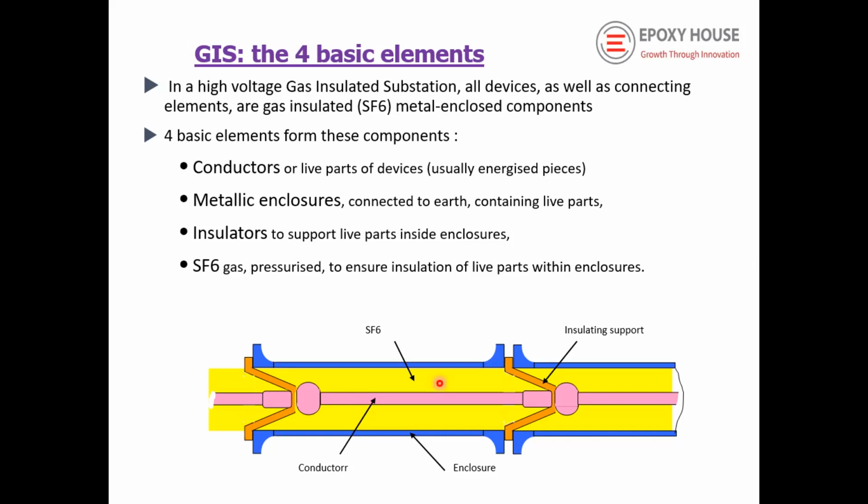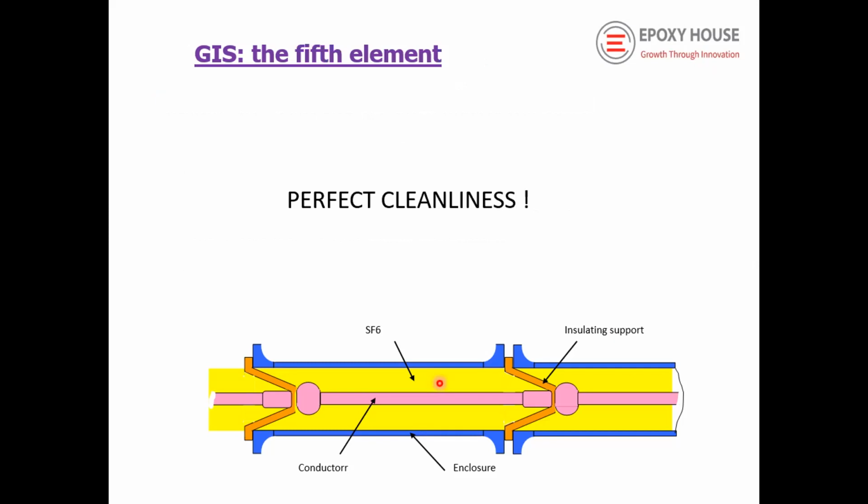Other than these four parts majorly used in the GIS, there is a fifth element, which is very important: cleanliness. It is very critical in the GIS. If the component is not clean, the field uniformity goes down, and it can cause discharges and particles.